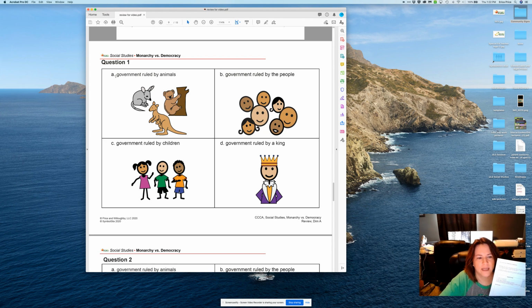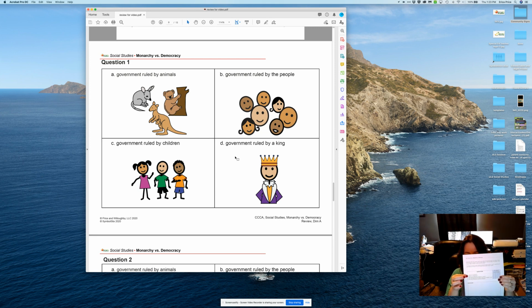Is a monarchy A, government ruled by animals, B, government ruled by the people, C, government ruled by children, or D, government ruled by a king? Which of these will answer number 1? What is a monarchy? If you have this paper, you can circle your answer on here as well. I'll wait just a moment.